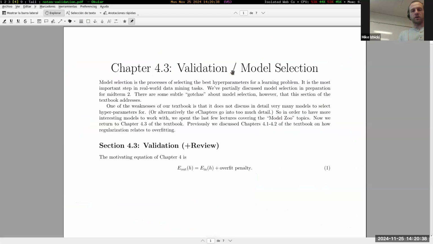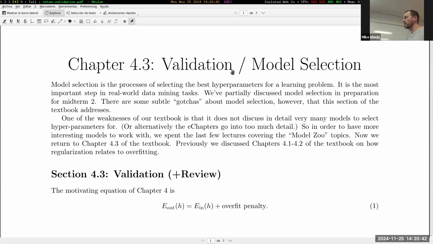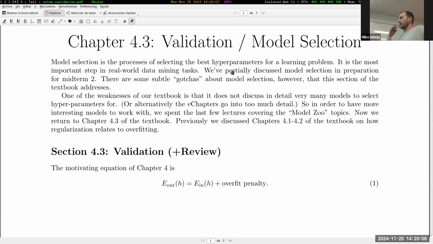We're going to switch over now to talking about chapter 4.3, validation and model selection. We have just talked about a whole bunch of different models in these last 3 sets of notes packets about the model zoo. And this begs the question of how you decide which of those models to use in different situations.